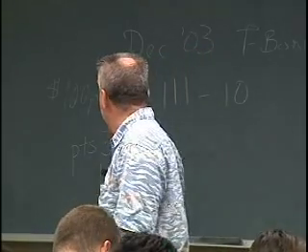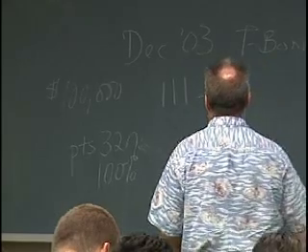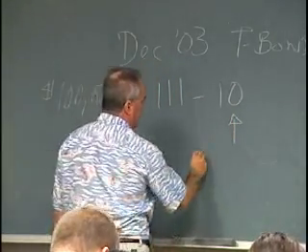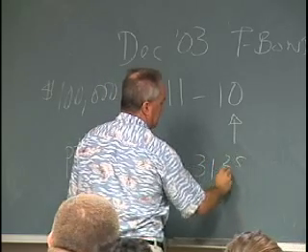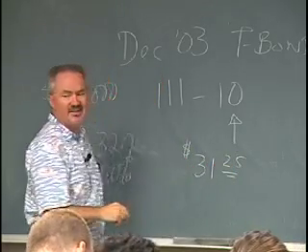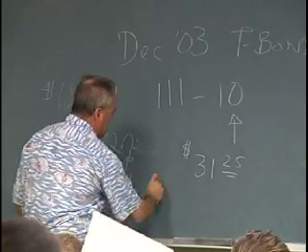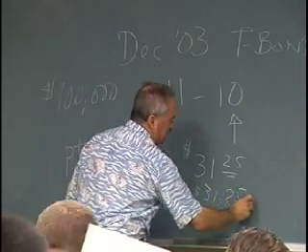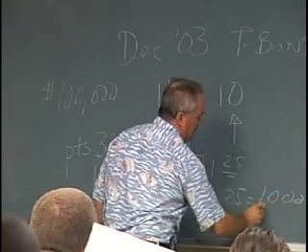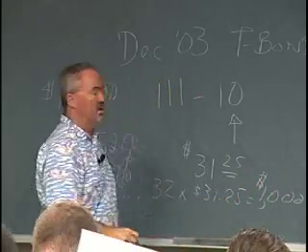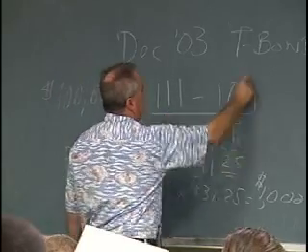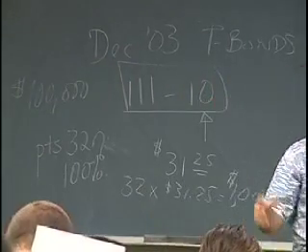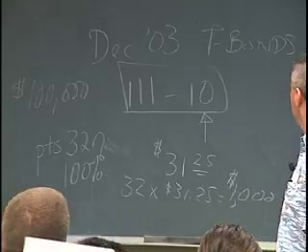But to answer your question, each of these points is worth $31.25. Okay? Because if you multiply 32 by 31.25, that gives you $1,000. And this is a percent of par, so it's trading above par value because interest rates are below 6%.